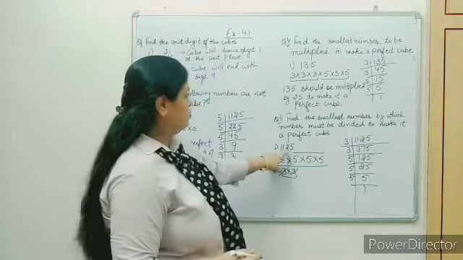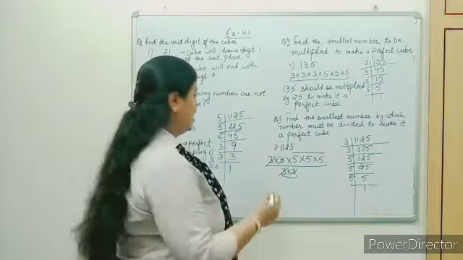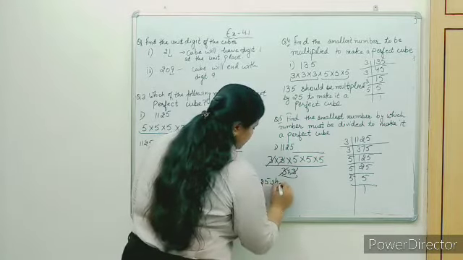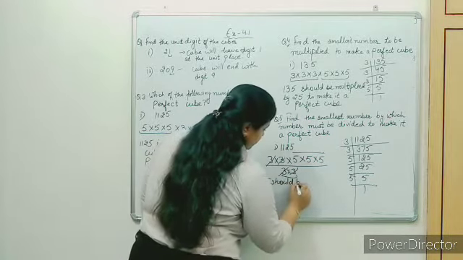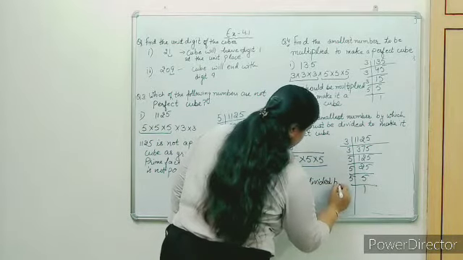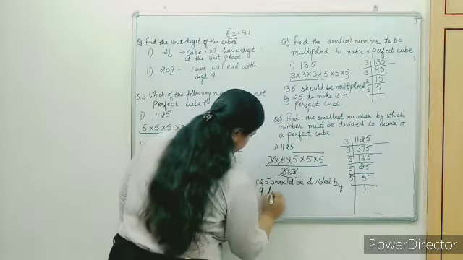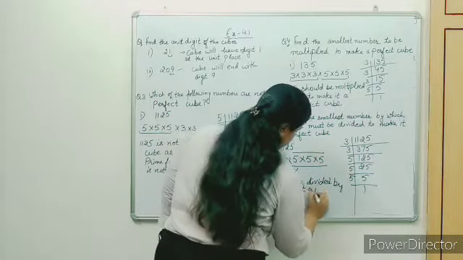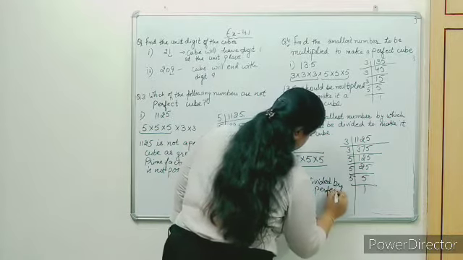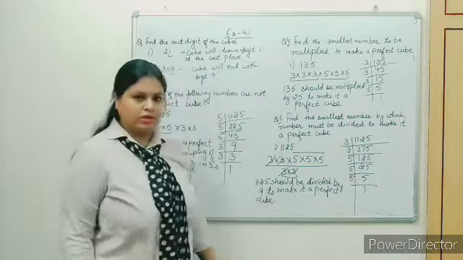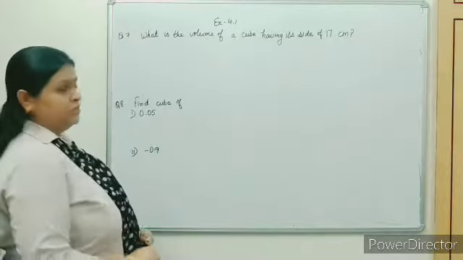It means 1125 should be divided by 9 to make it a perfect cube. Got it?